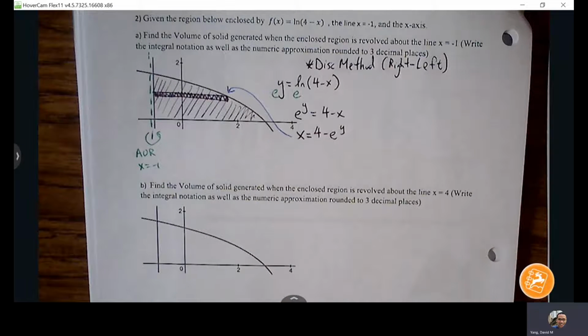Okay, so see if you can build your radius, find your bounds, and insert into the volume formula.